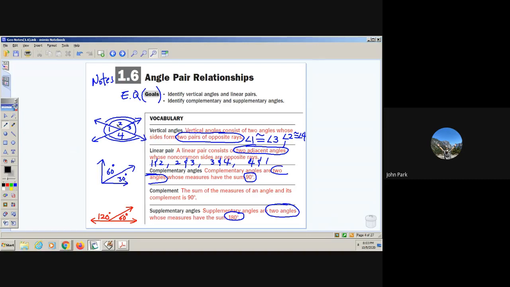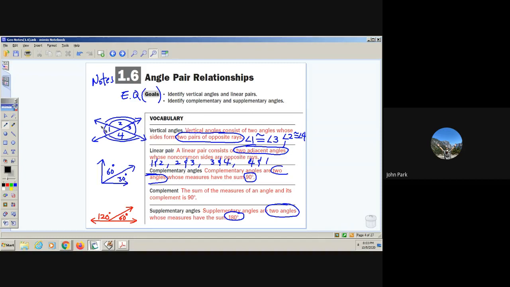Linear pair are just kind of like how it sounds. They're a pair of angles that are next to each other that form a line. That's why they call it linear pair, right? So a linear pair consists of two adjacent angles, which means they're next to each other, whose non-common sides are opposite rays.